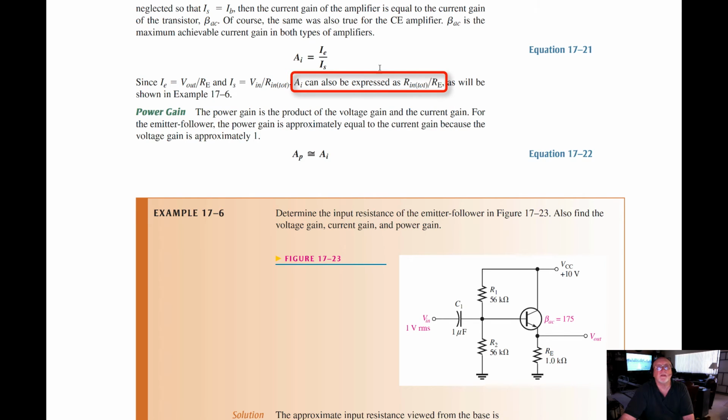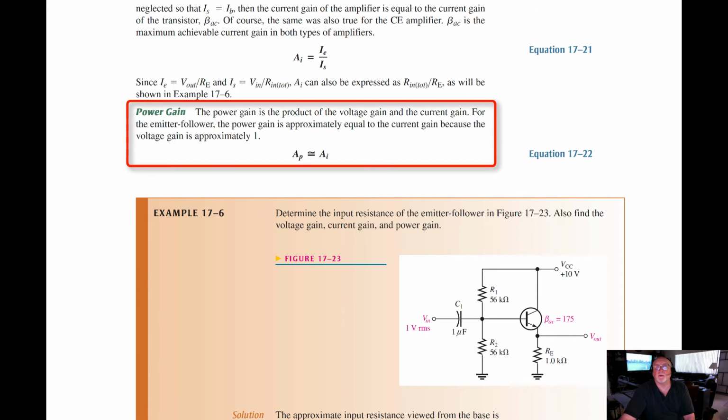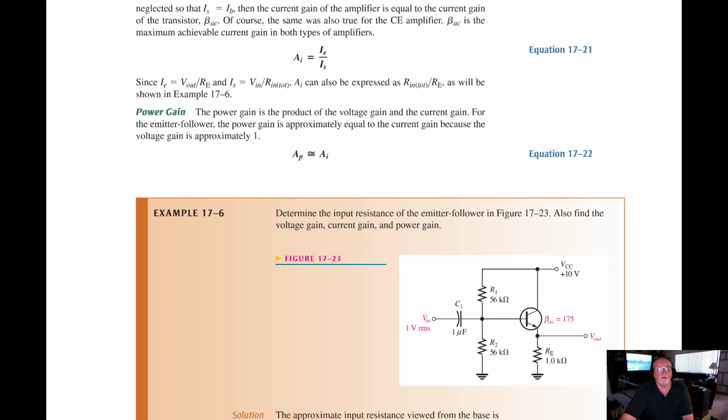So we just set the two equal to each other and simplify. Power gain then is the product of the voltage gain and the current gain, and we saw that in the last example. For the emitter follower, the power gain is approximately equal to the current gain because the voltage gain is approximately equal to 1.